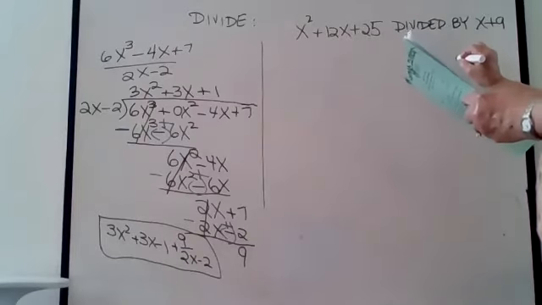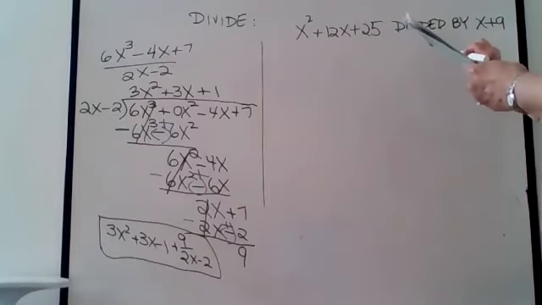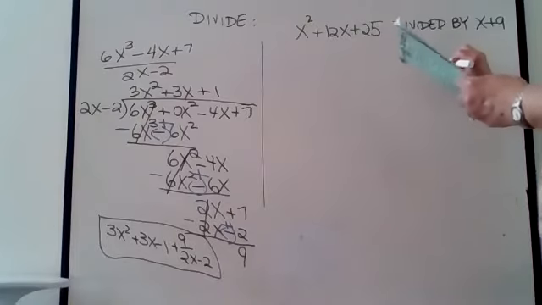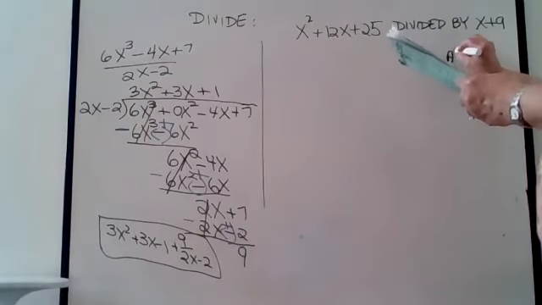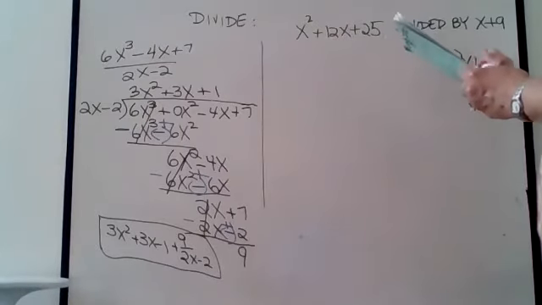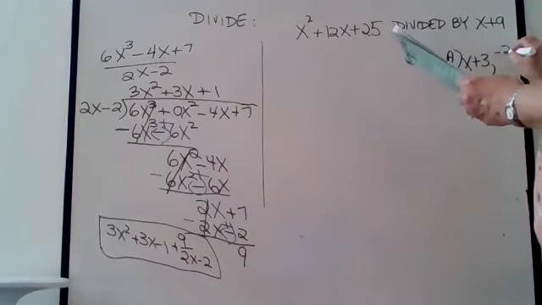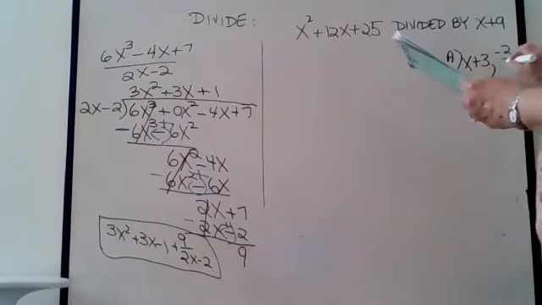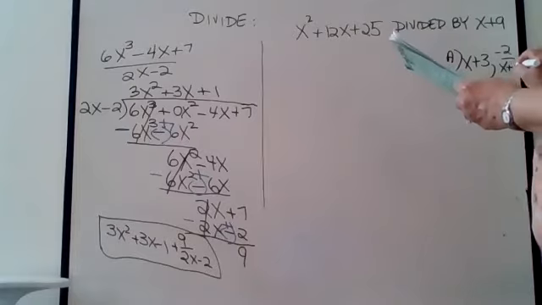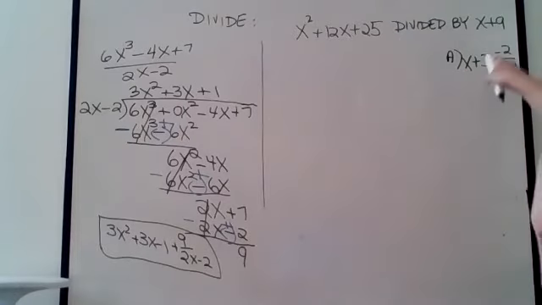Here are the possible answers. And I'll show you how they gave the answer. Answer A, x plus 3, comma, negative 2 over x plus 9. In other words, when they wrote the answer, they wrote the quotient, and the remainder they wrote by putting it over the divisor.